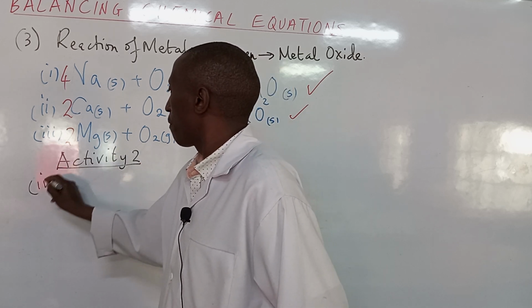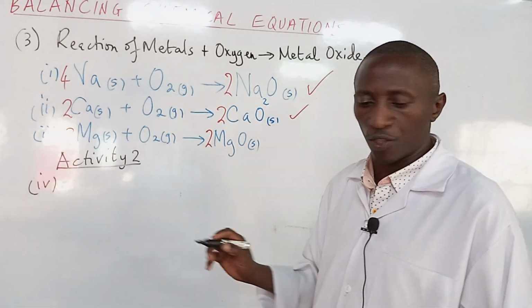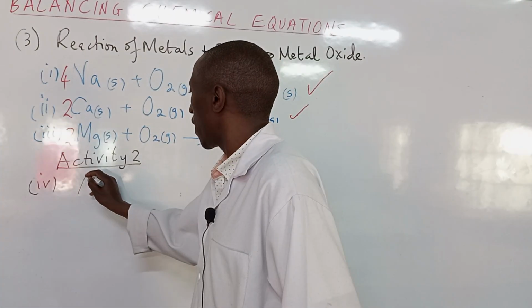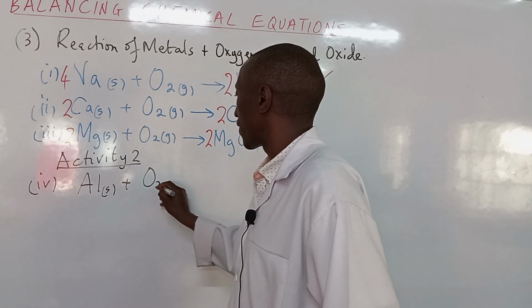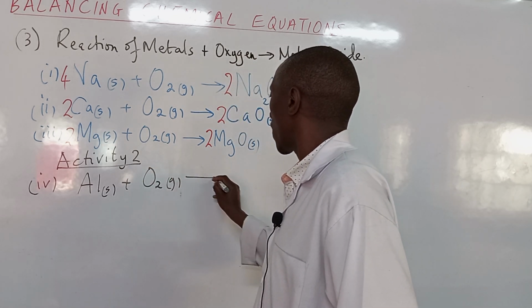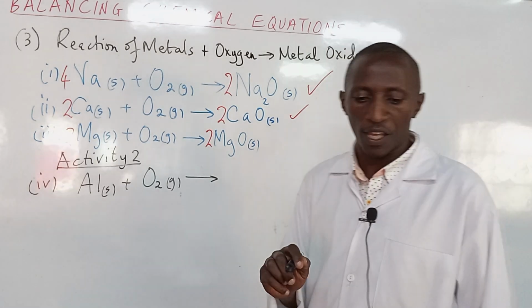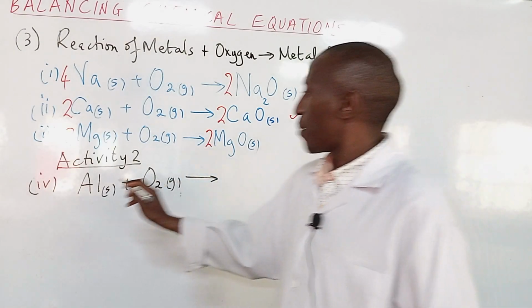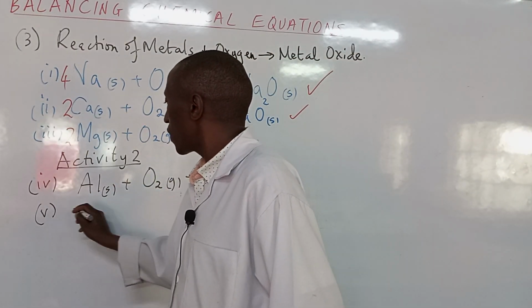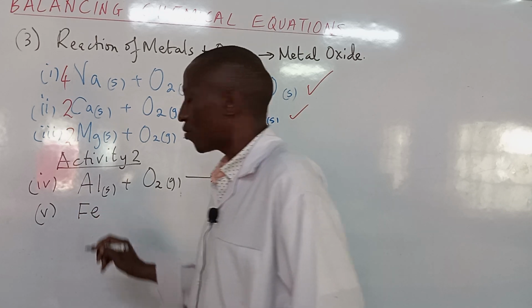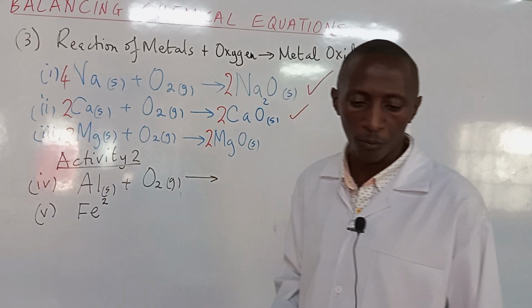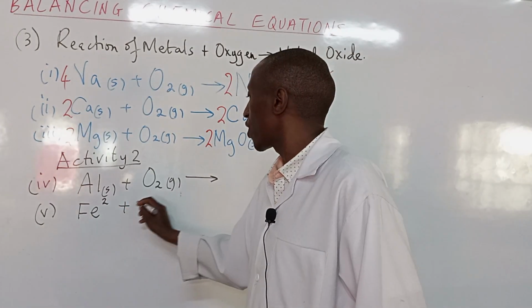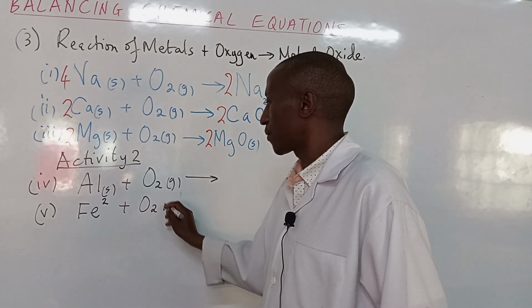Number 4. Write a balanced equation involving aluminium when it reacts with oxygen gas. When aluminium reacts with oxygen gas, what is formed? Number 5. What is formed when iron, and I want to specify here, is iron with valency 2, reacts with oxygen gas?